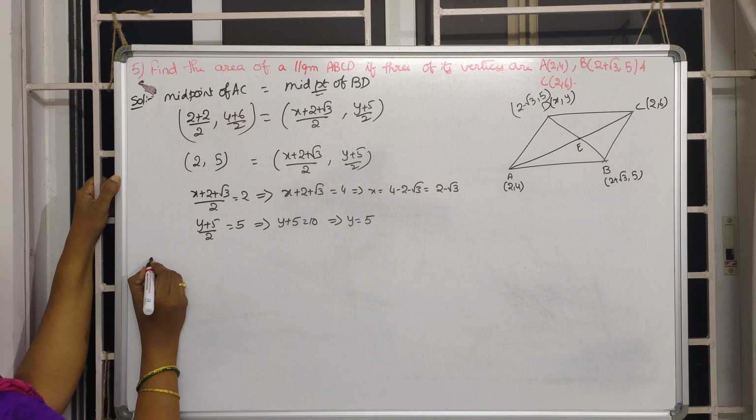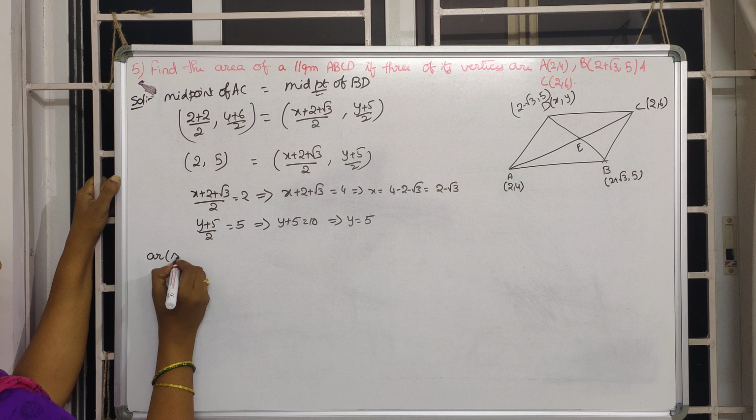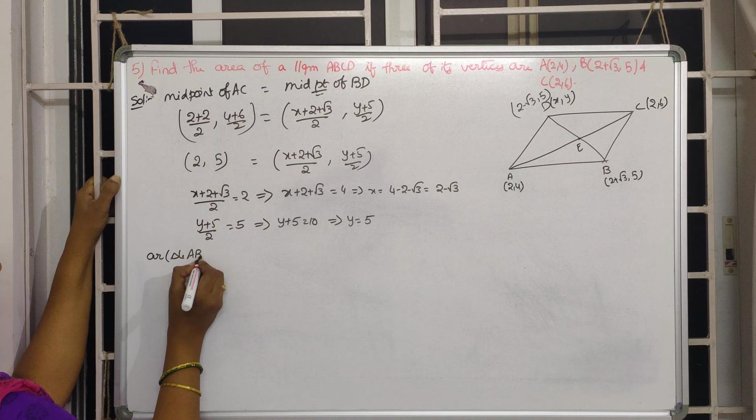Right. Now, area of triangle ABC. Formula: half modulus of x1 into (y2 minus y3) plus x2 into (y3 minus y1) plus x3 into (y1 minus y2).